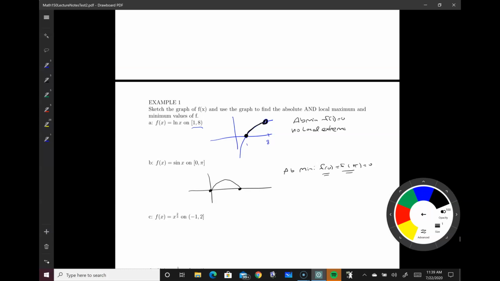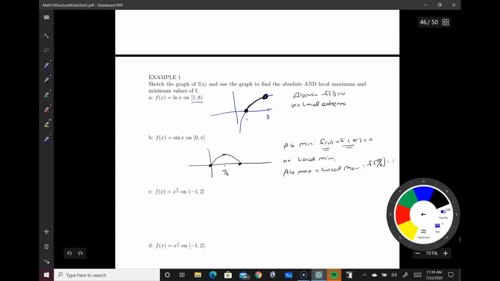There are no local minimum because there are no valleys. There is an absolute max, and it's the same as the local max. And that occurs right here at pi over 2, the highest y value. So that occurs at f of pi over 2, and that's 1.